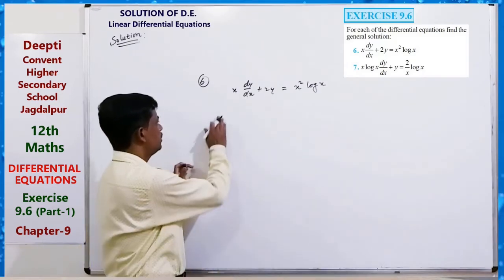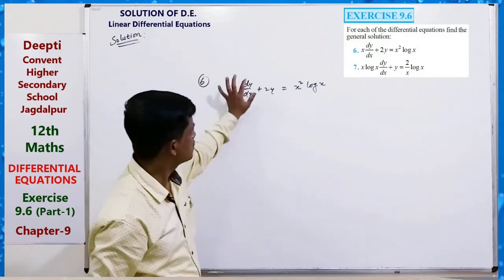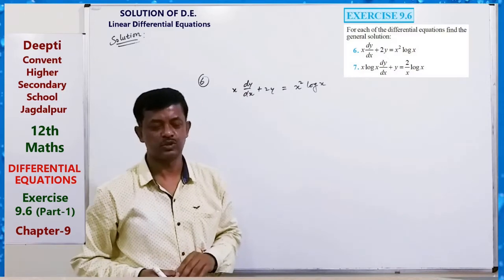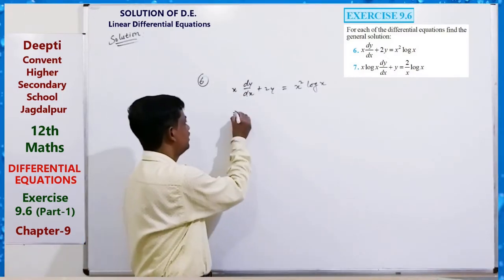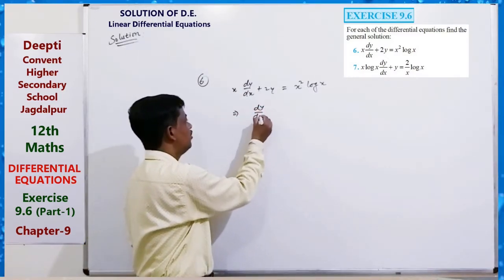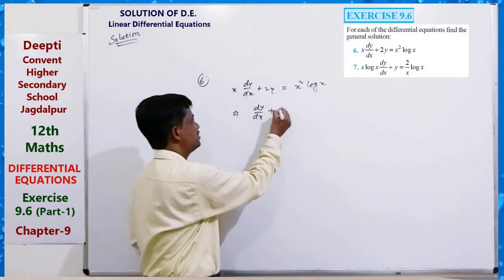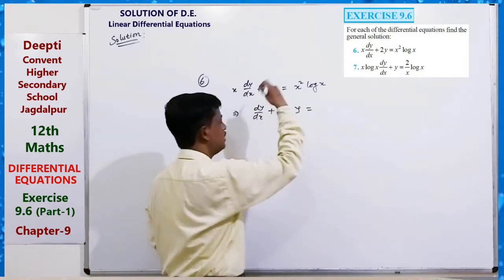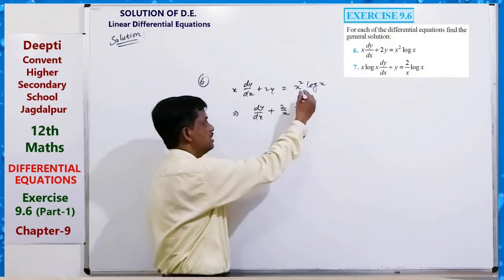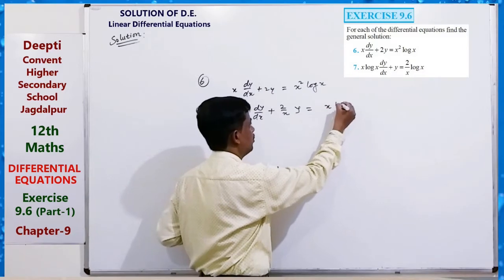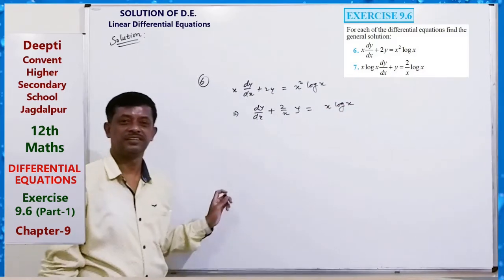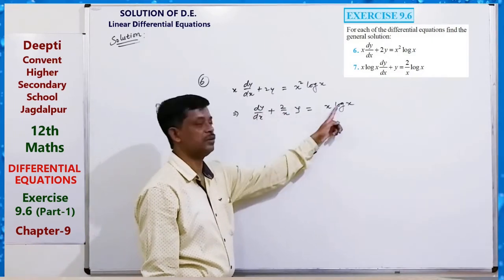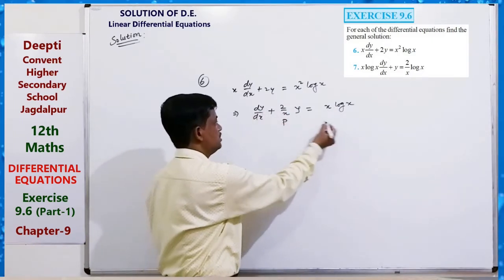So here dy by dx, so y, and the remaining thing is x. So we can convert it by dividing by x: dy by dx plus 2 by x into y equals, x square by x, x log x. Clear? So here we see that this is p and this is q.